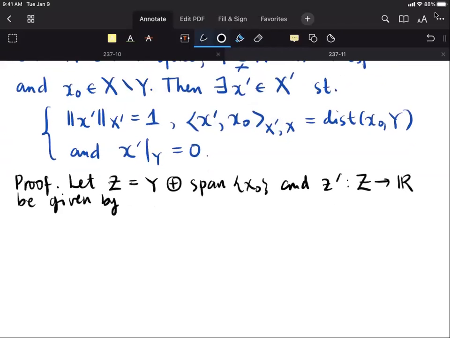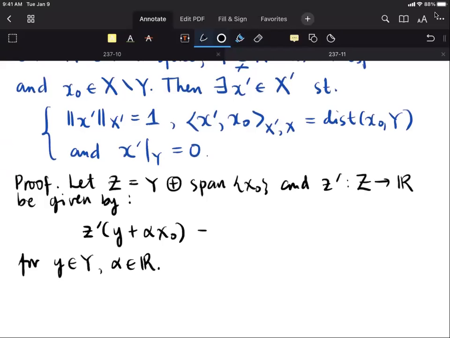So what we do is we take a point in Z, so that is of the form Y plus alpha X naught. So Y is in capital Y and alpha is a scalar. So let us define this to be alpha times the distance between X naught and Y.